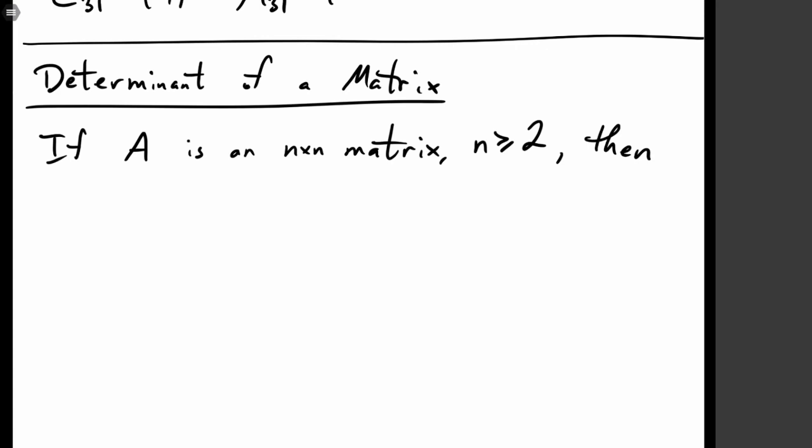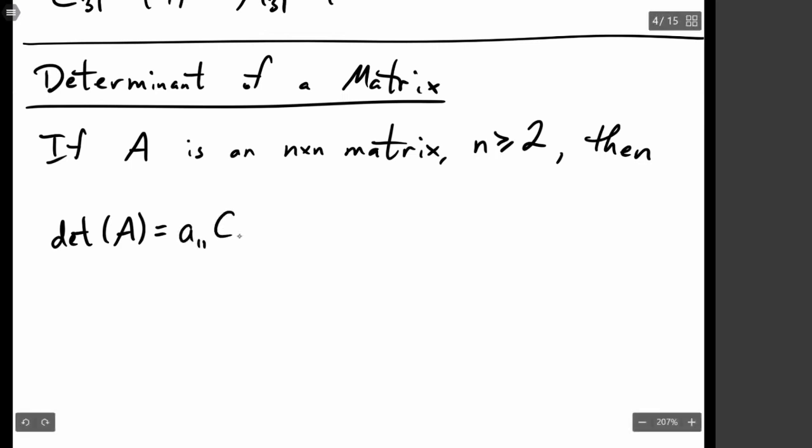So if you think about how we computed the 3 by 3 determinant, what we actually did was we did A11 C11 plus A12 C12 plus dot dot dot A1n C1n.